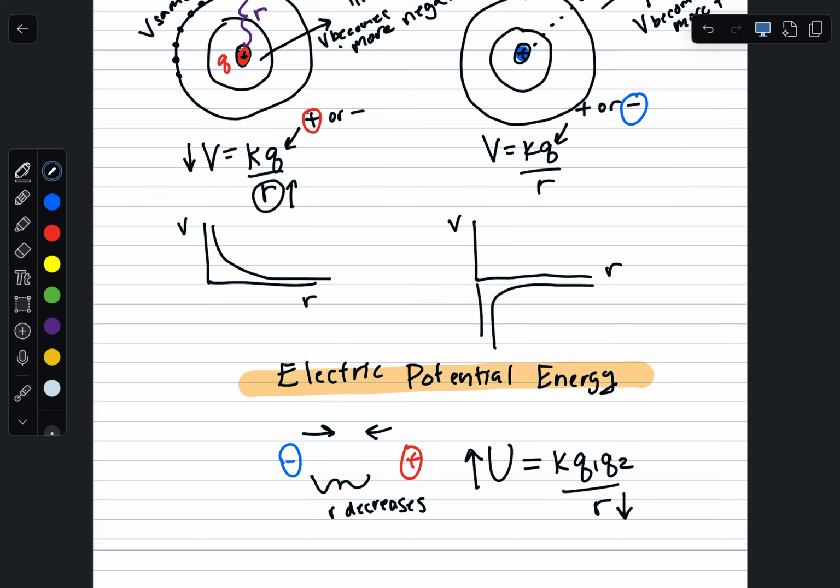And the potential difference. We talk about delta V a lot, right? Potential difference is the difference in potential at different points in space. So let's say that we have a point charge here and a point charge here.